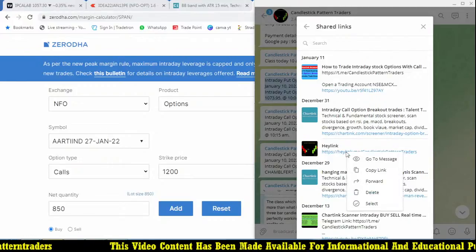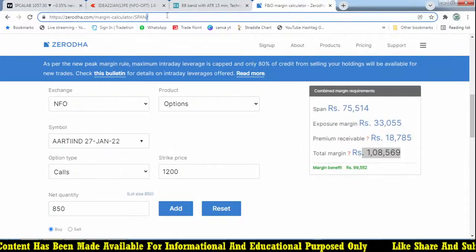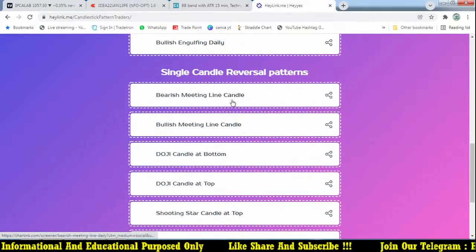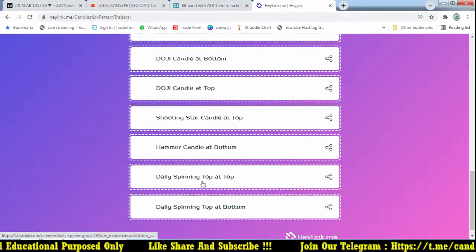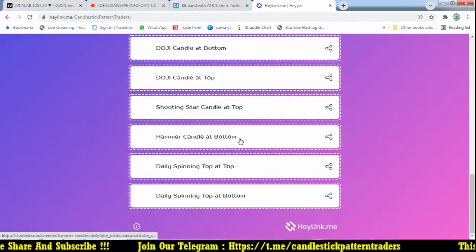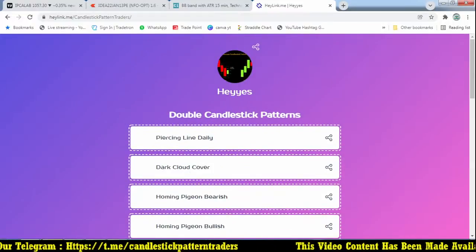If you copy this link and paste it in your web browser and open it, it will show you the scanners, which have single candle reversal pattern scanners and double candle reversals. All the things will be available in the single link. So you can make use of it. I will update other scanners on the link some time later.